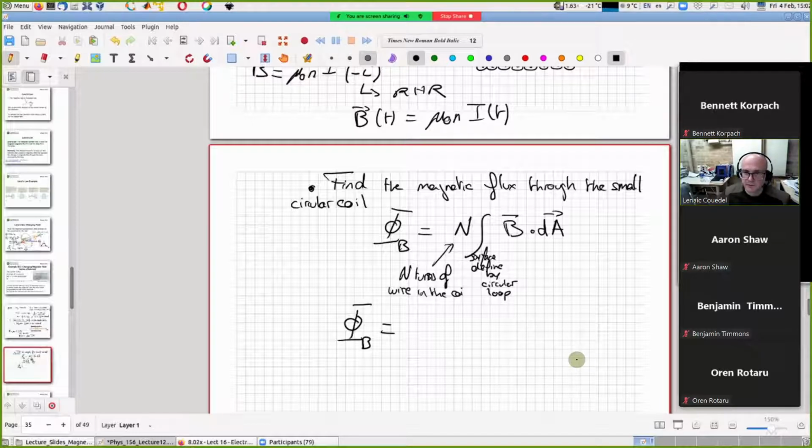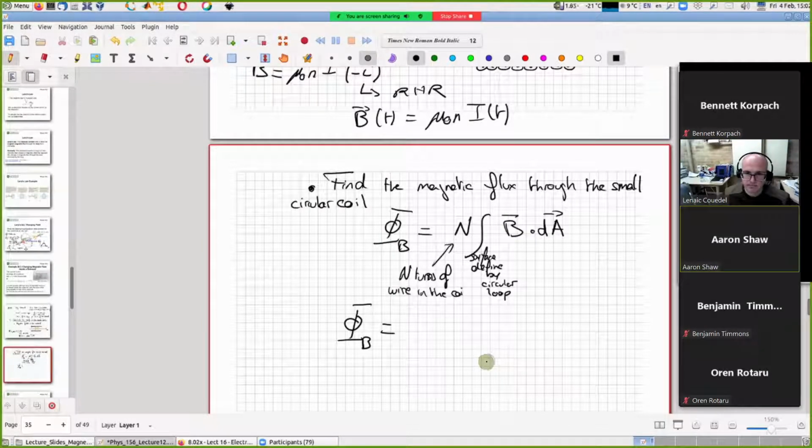Is the magnetic field parallel to the surface or perpendicular to the surface of the loop? It's perpendicular to the surface. So is B perpendicular to n hat or parallel to n hat? Parallel. So therefore, what is the result of this?